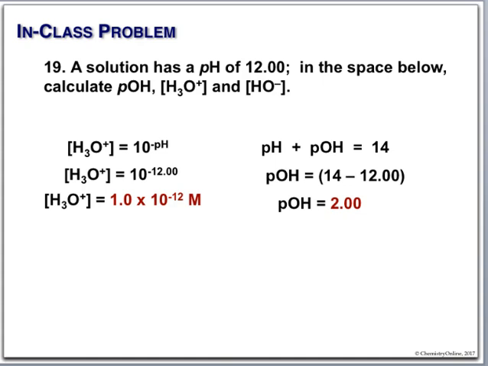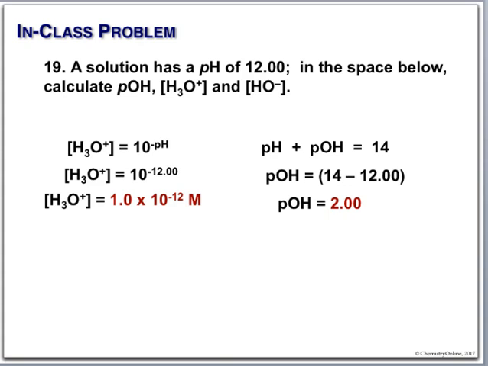Finally, hydroxide. How are we going to calculate hydroxide? There are 2 ways that we know. We can remember that hydronium multiplied by hydroxide is always 10 to the minus 14. That's where this comes from. Or we could sit back and say, well, hey, I know what pOH is.